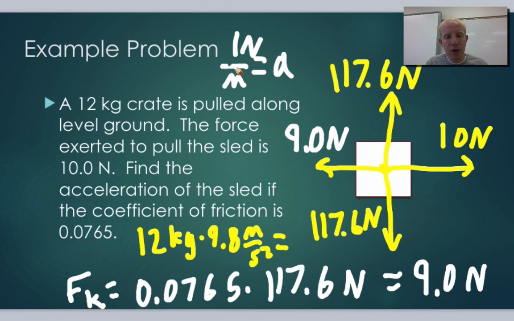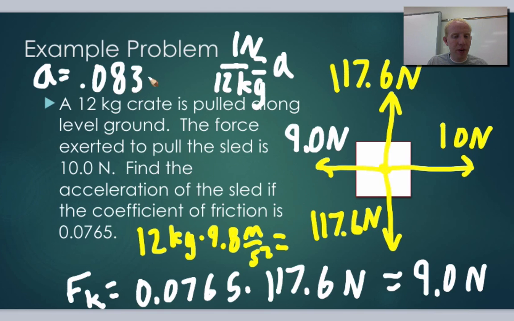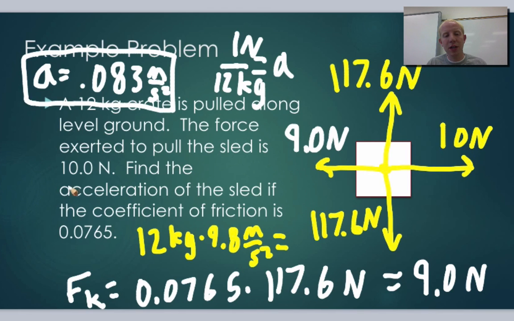That's the net force. And we can replace m with 12 kilograms. So we do 1 newton divided by 12 kilograms. When all is said and done, we get that the acceleration, I'm running out of space, is 0.083 meters per second squared. And there we go. So that is our acceleration, 0.083 meters per second squared.